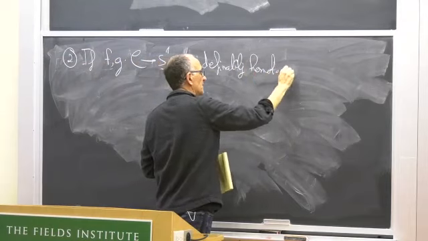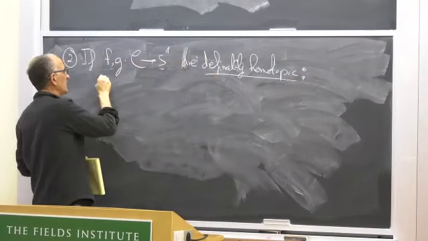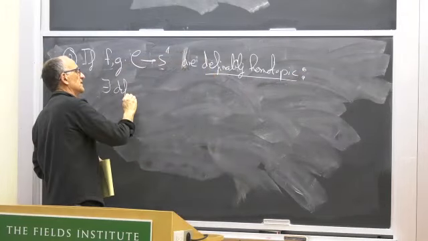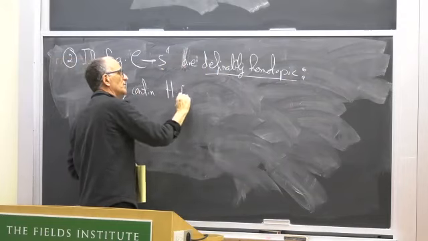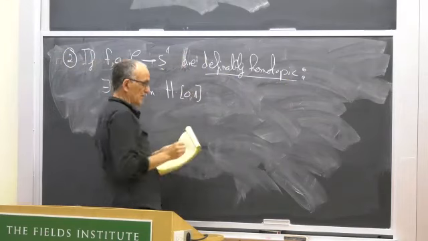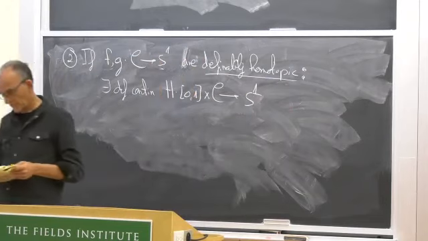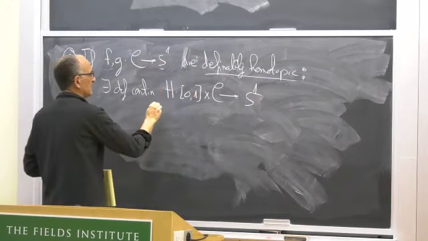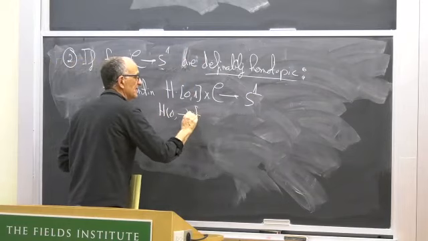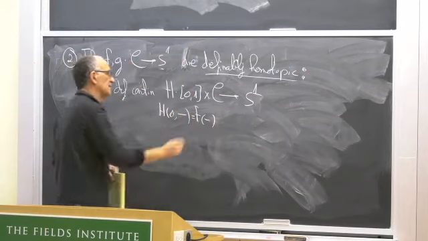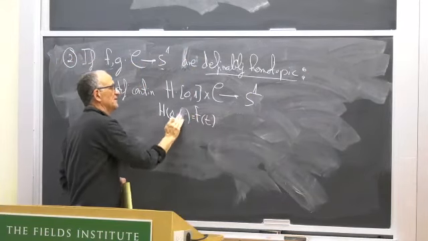homotopic, and let me write what it means, which means that there is a definable continuous H from [0,1] cross C into S1 with the property that H_0 of anything is exactly f of that, and I can write t here, or maybe not t, t is usually for time.